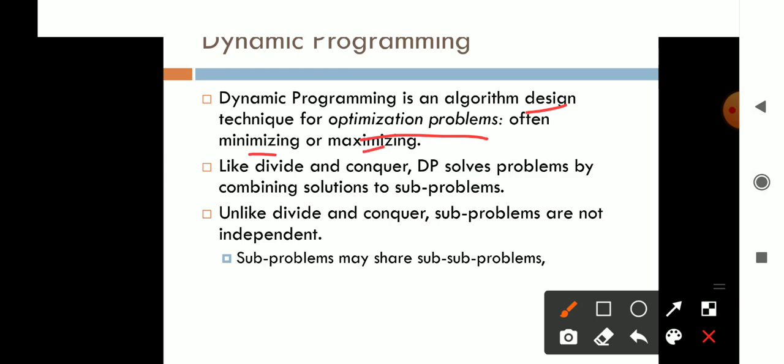Most of the problems are like that. Suppose I want to sell something, so of course I will think about the profit. Means I am thinking about a maximizing problem here, right? I need the maximum profit, so I will use that particular product which will give us the maximum profit.